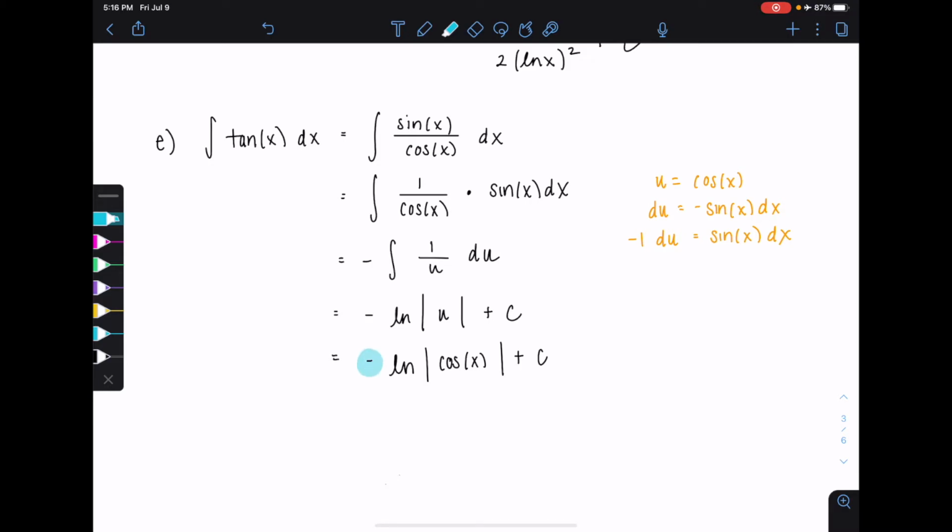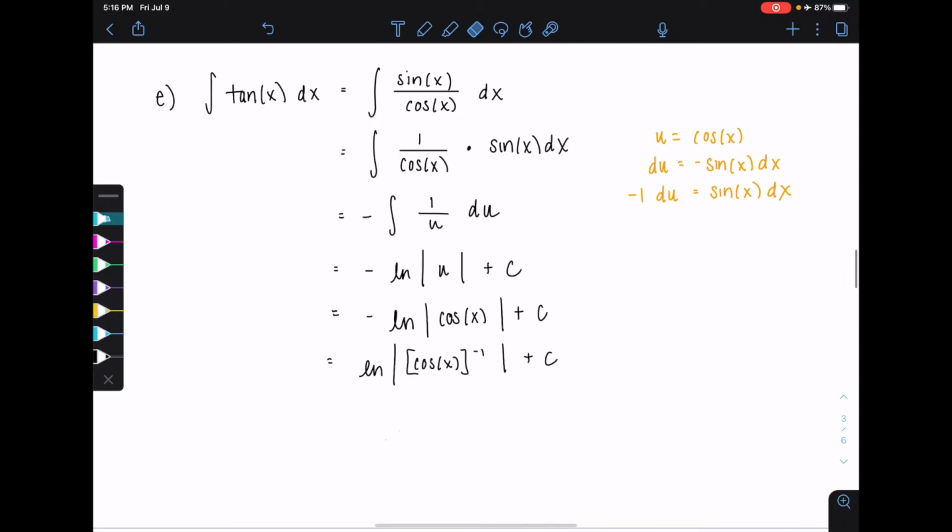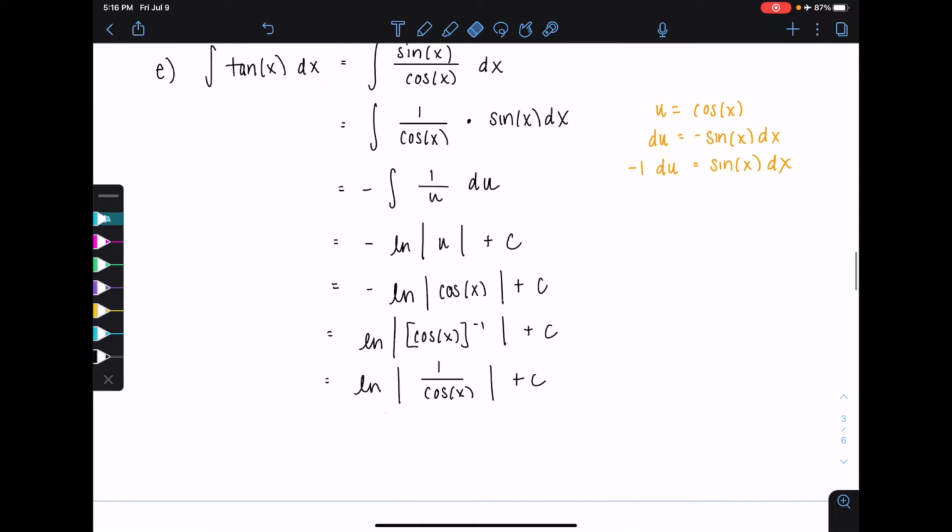So one thing that's special is anything that you have as a constant out front can get sucked in as an exponent of the inside. So what we can do is rewrite that -1 as a power of -1 on the inside. And then thinking about what that is, cosine to the -1 is 1 over cosine, and that's exactly secant.